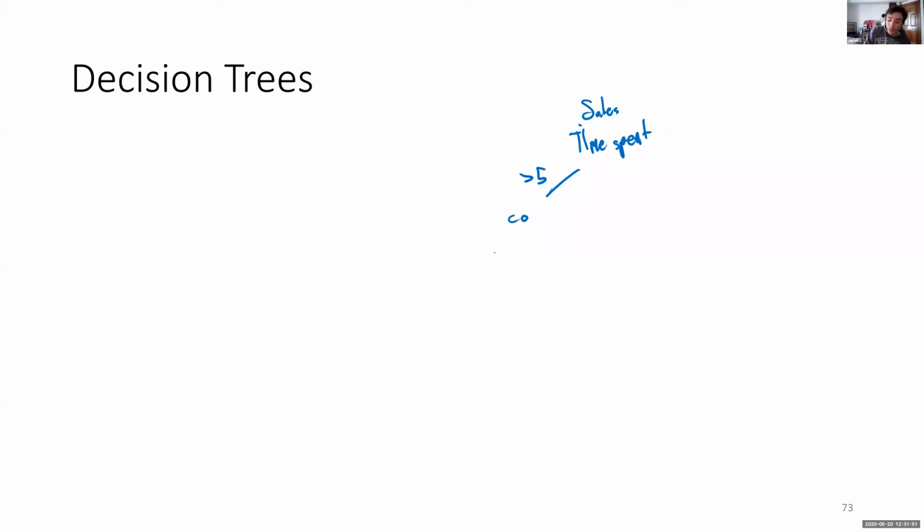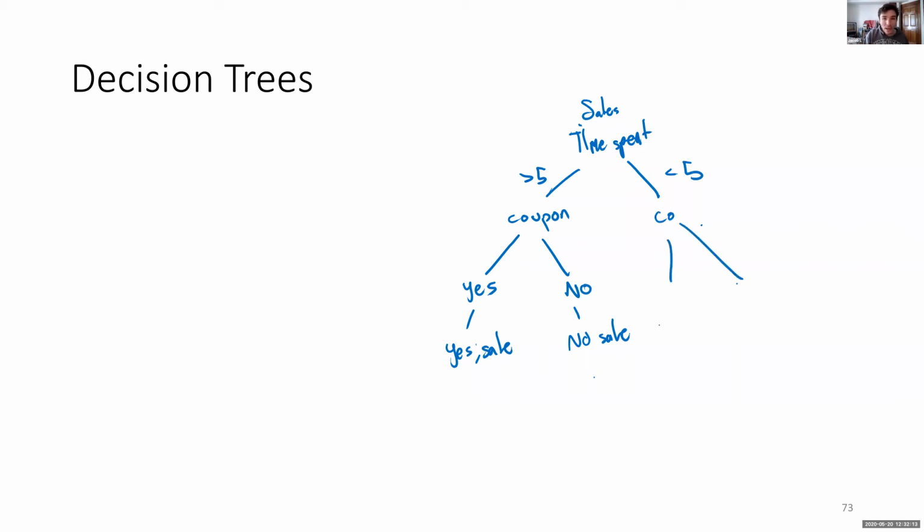And if they had a coupon, then we can say yes, and this landed in a sale. And if they didn't have a coupon, then this would not end in a sale. And here, if they spent less than 5 hours, did they have a coupon, right? And so this will just go on and on until we get back to yes or no sale.